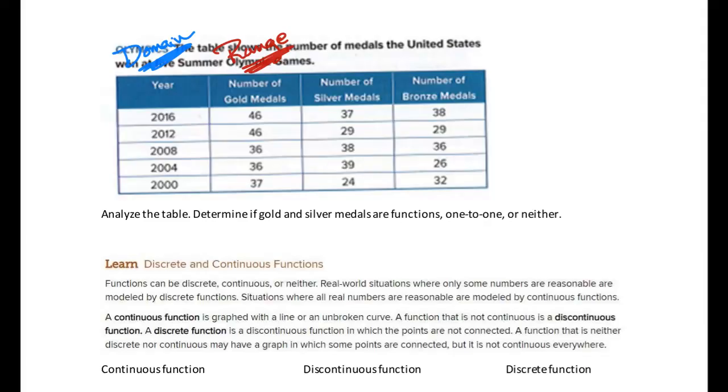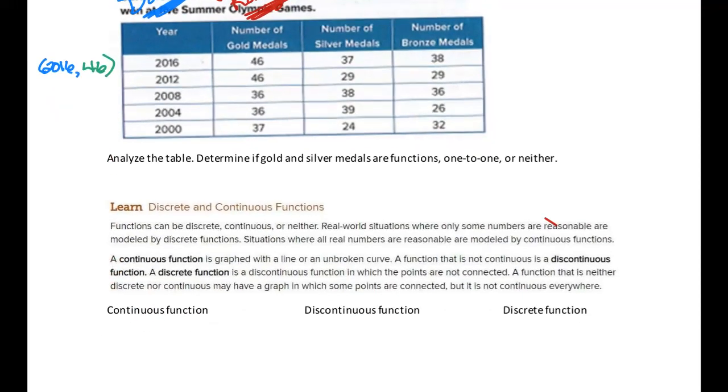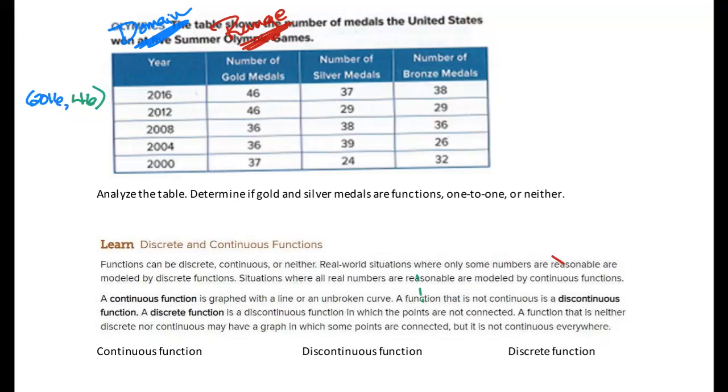Okay? So again, this is like an ordered pair. You're going to say 2016, and then you're going to say 46. So as I'm looking at the year, I'm going to say the year here, and then the number of gold medals.